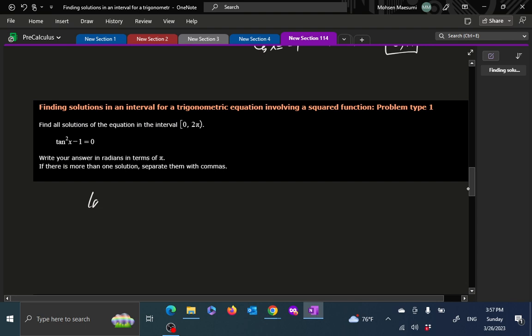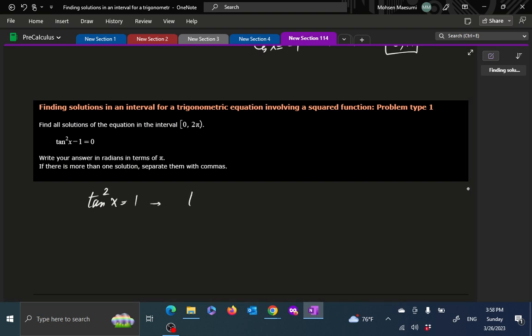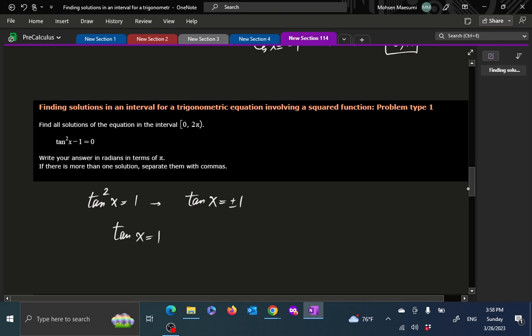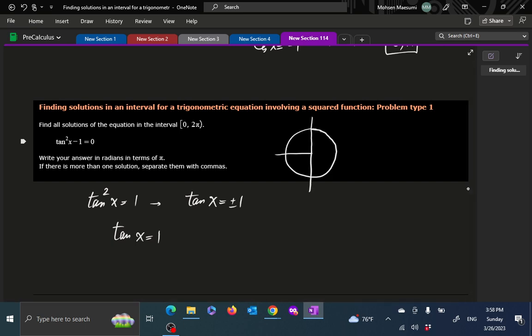Tangent square of x is equal to 1. So tangent of x is plus or minus 1. If you stay with tangent of x equal to 1, let's draw this picture too. For tangent we draw our tangent axis here. Here's 1, you connect to the origin, and you are looking for these two angles. So x is equal to pi over 4 and 5 pi over 4.